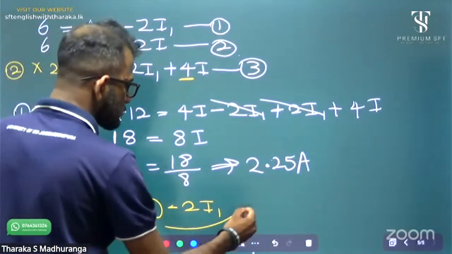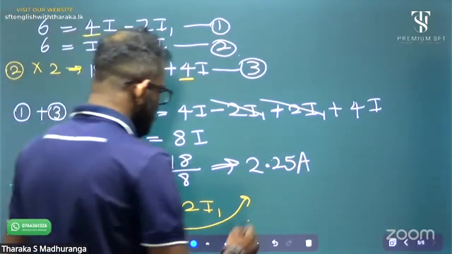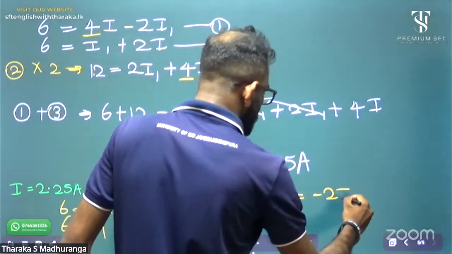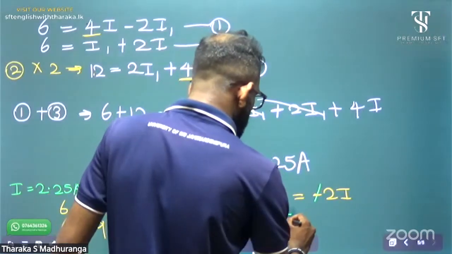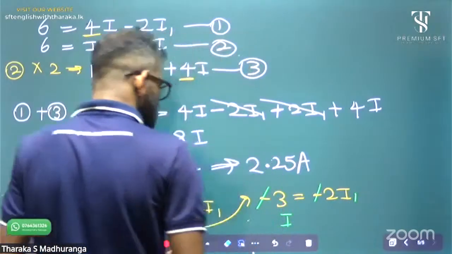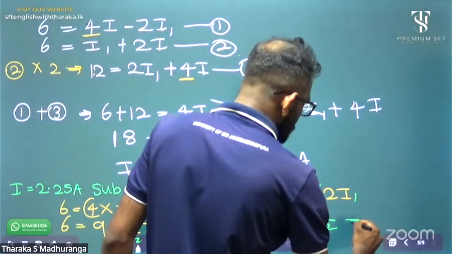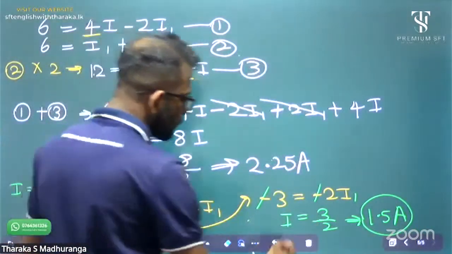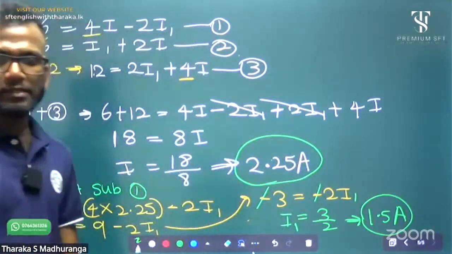Now 9 moved to the left side, it is minus 3 equal to minus 2I1. Minus and minus cancel out. I1 equal 3 over 2, it is 1.5 ampere. Okay, I1 equal 1.5 ampere. I equal 2.25 ampere.